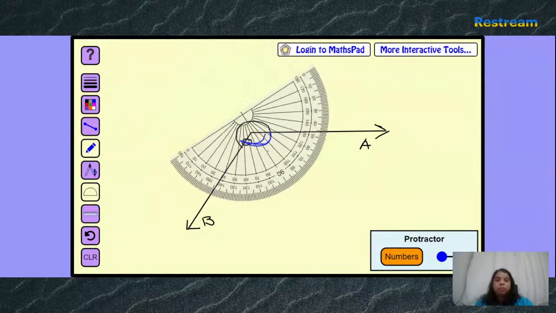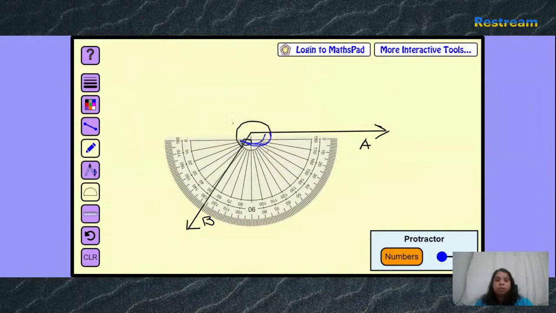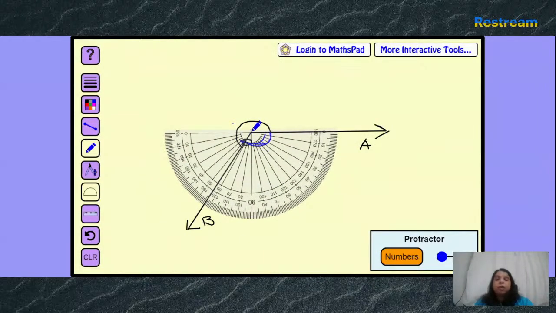So first of all, we are going to turn this upside down. Okay, again same thing: we are going to put the vertex at O, and we are going to match our OA line with this bottom line, and we are going to start with this 0 here because our arrow is pointing at this side. So it's 0, 10, 20, 30, 40, 50, 60, 70, 80, 90, 100, 110, 120, 124.